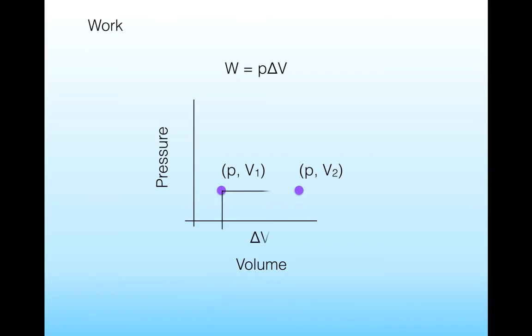If that's the case, then the amount of volume that has changed is just given by the difference between V1 and V2. And we can see from this equation that the work done by this transformation from the first volume to the second volume at the same pressure is just given by the area inside this shaded box. So the work is equal to the pressure times the change in volume.